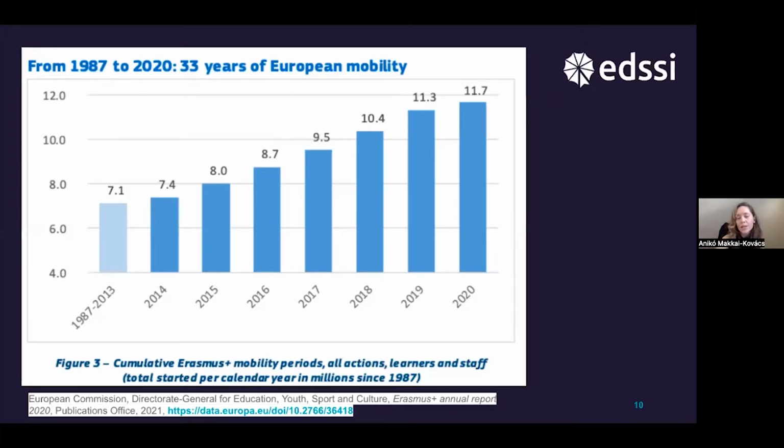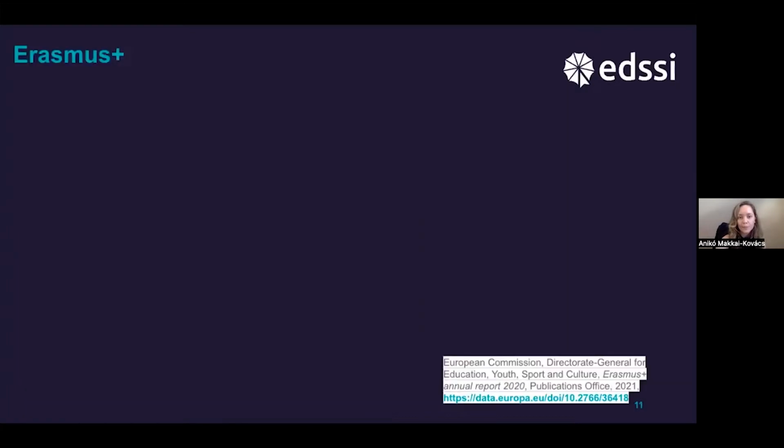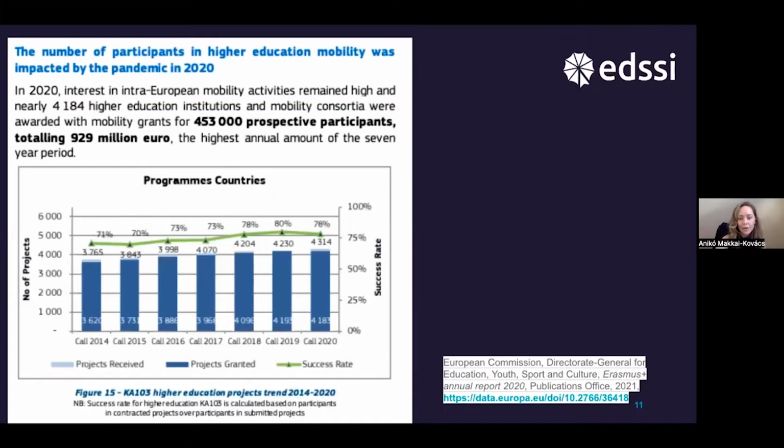It really affects intercultural change in Europe, and makes sure that the university students or any participant in the program will have a much more intercultural lens in their future life, hopefully.